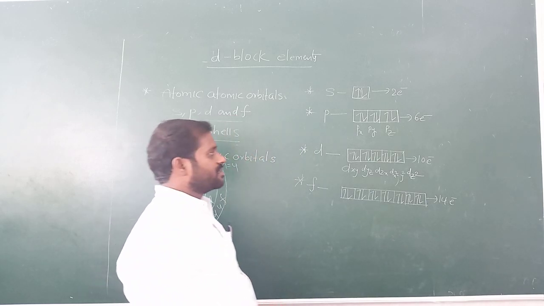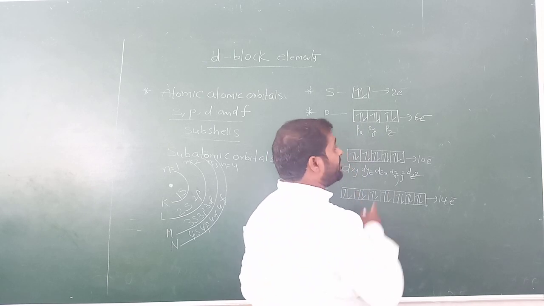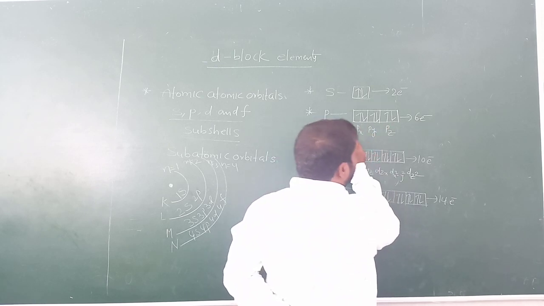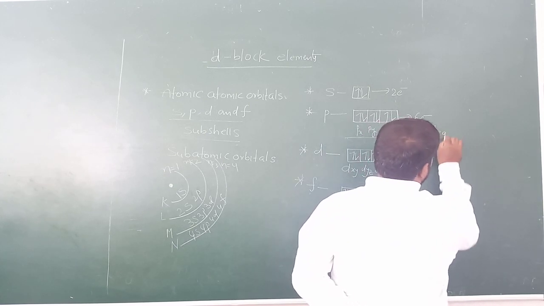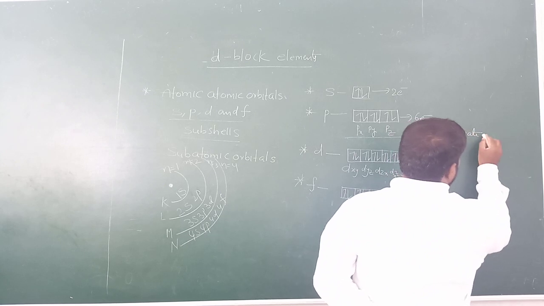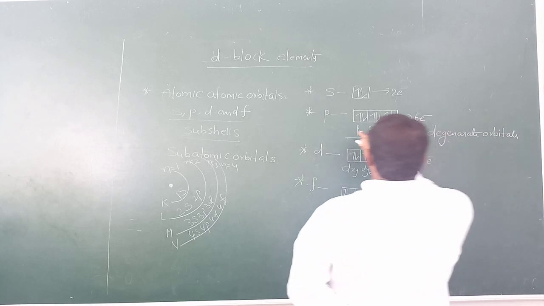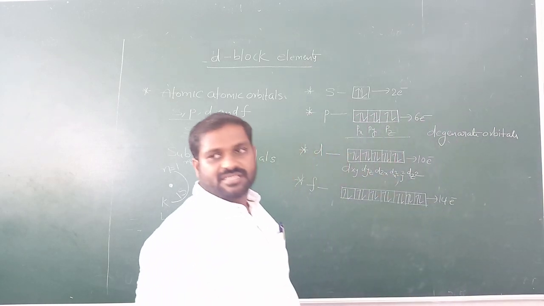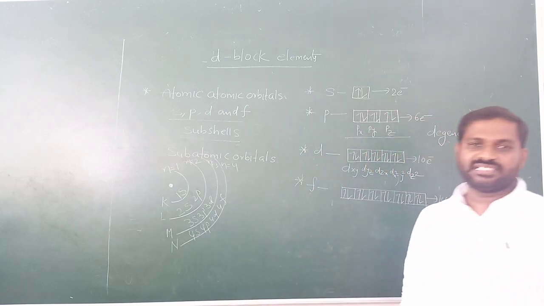Okay. Now px, py, pz have nearly the same energy, so we call them degenerate orbitals. For px, py, pz, the orbitals which have nearly the same energy are called degenerate orbitals.